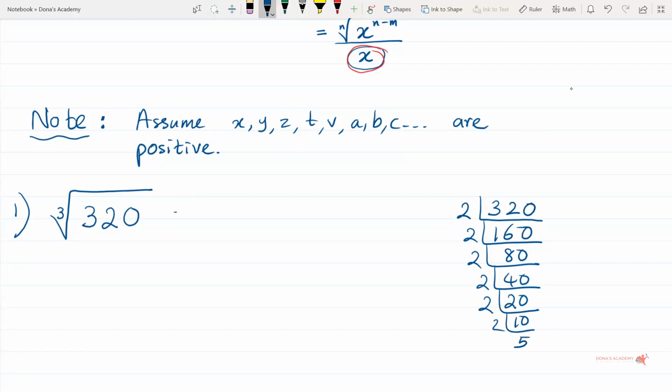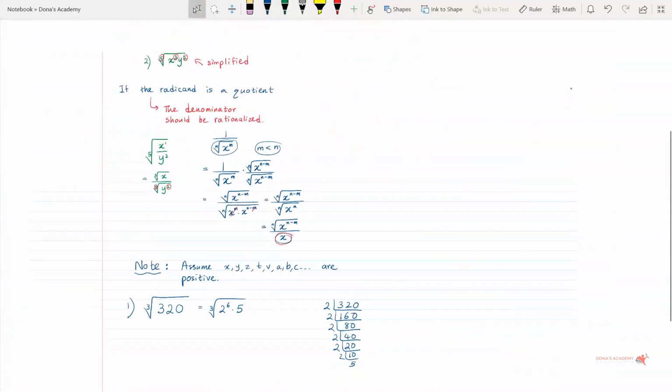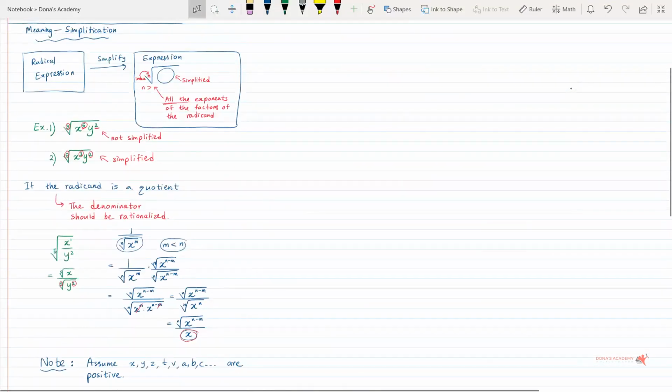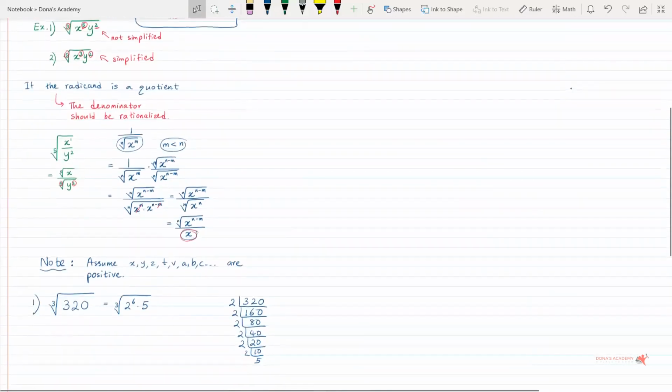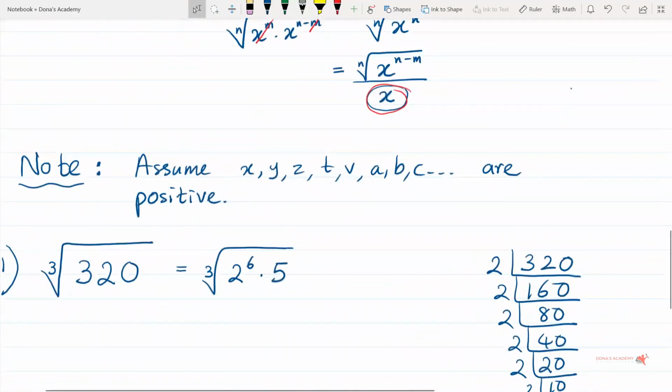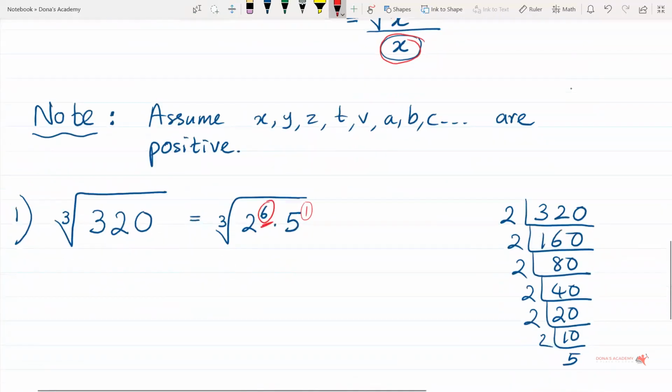So the radicand can be written as 2 to the power 6 times 5. Now, how about the conditions? The index is still smaller than the exponent 6, right? Even though this is 1, this is not smaller. Now I can use the laws.